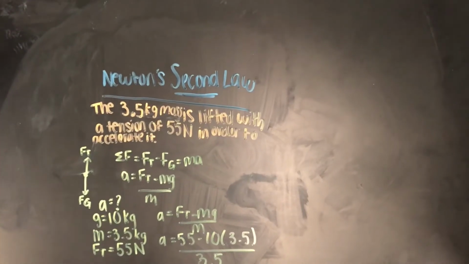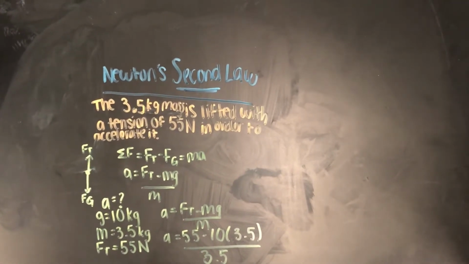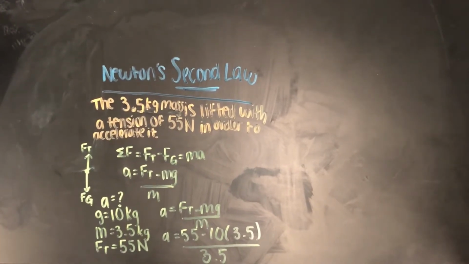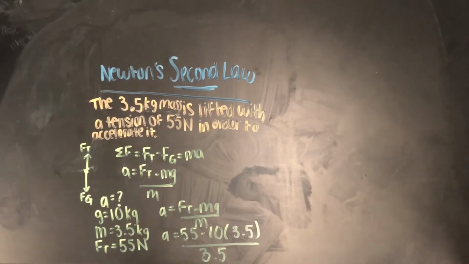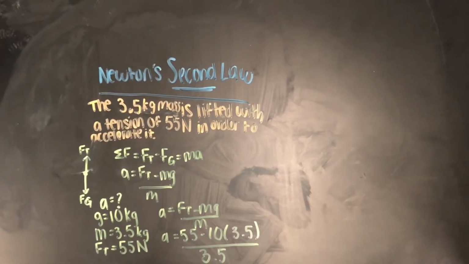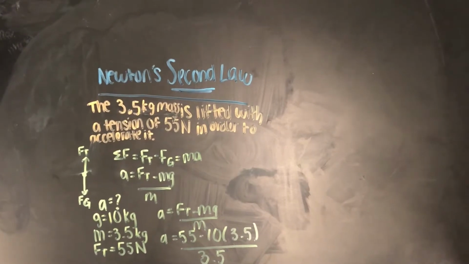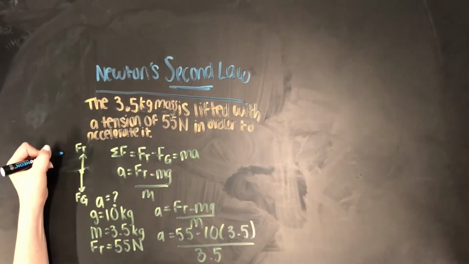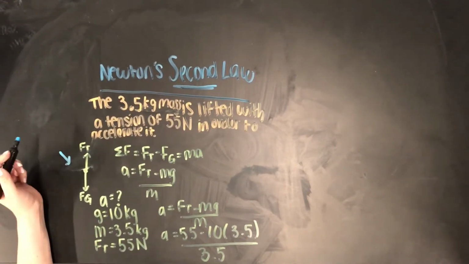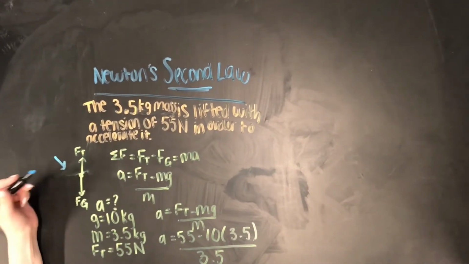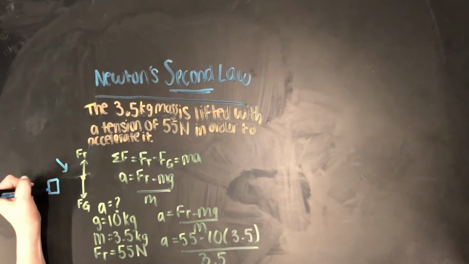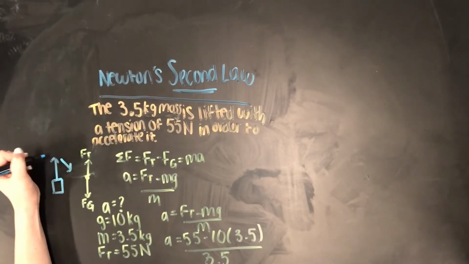So the example we're using today is a 3.5 kg mass is lifted with a tension of 55 N, which is newtons, in order to accelerate it. So to start, we're going to look here at our FBD, and you have a box that's being lifted up.